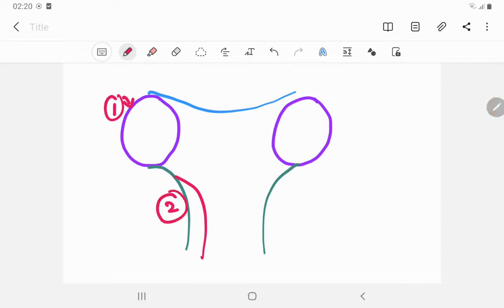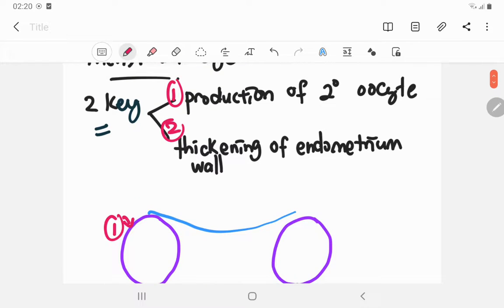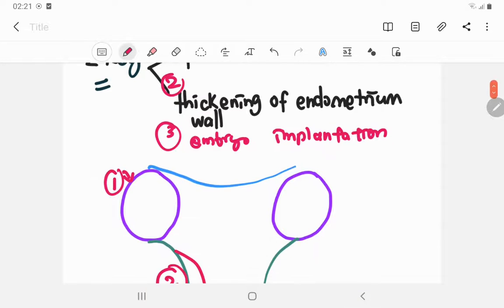Number 2 occurs here. So I would like to relate number 1 and number 2 with number 3, which is embryo implantation, proses penempelan embryo tadi. The purple circle here is the ovary.